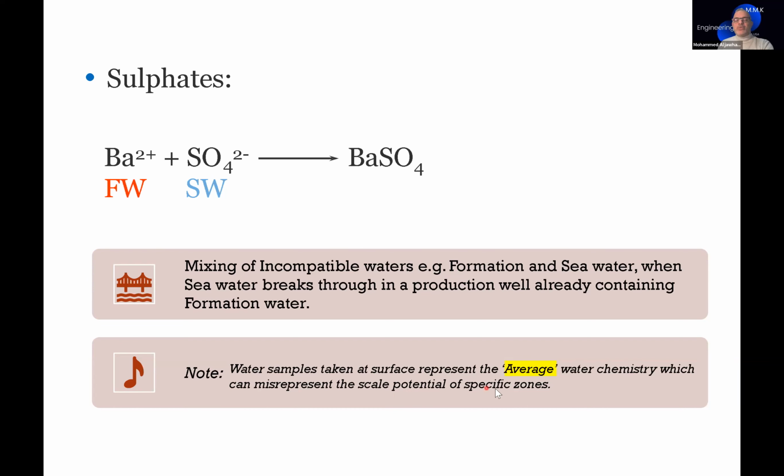We need to know which zones are producing, where the scale comes from, where it deposits inside the wellbore, and what the effect is on our production. So is it the real data? We need to investigate more to know exactly how it affects our production.